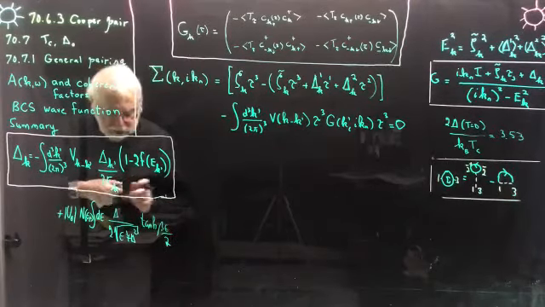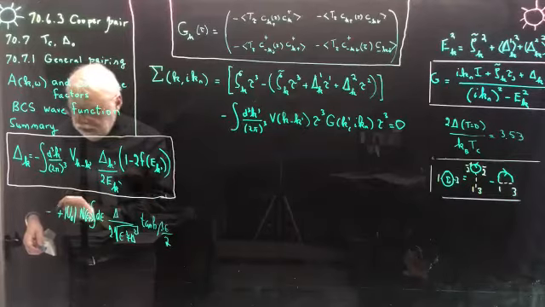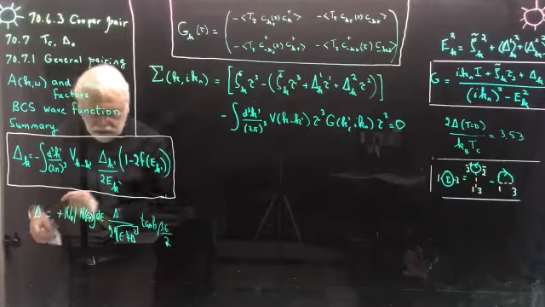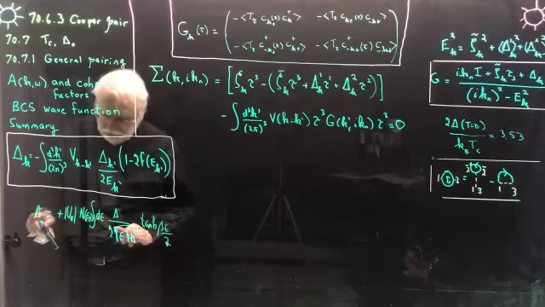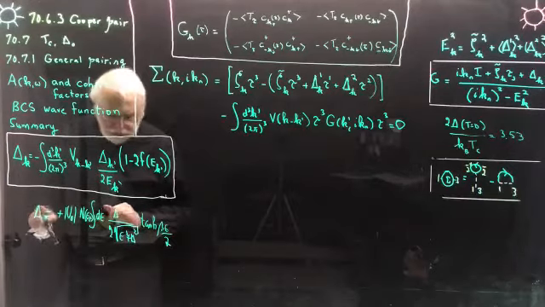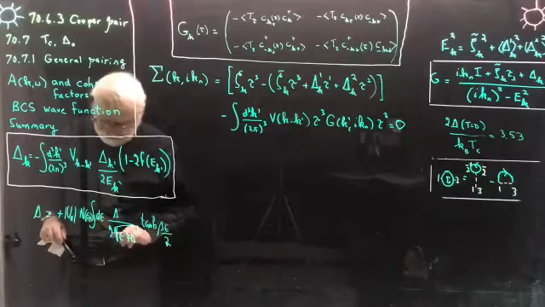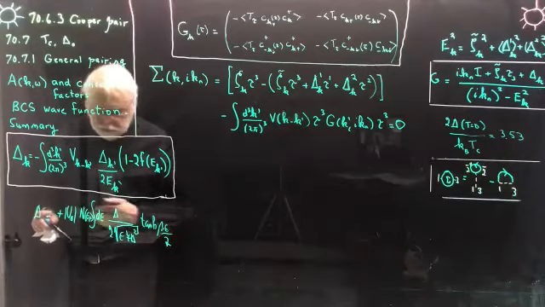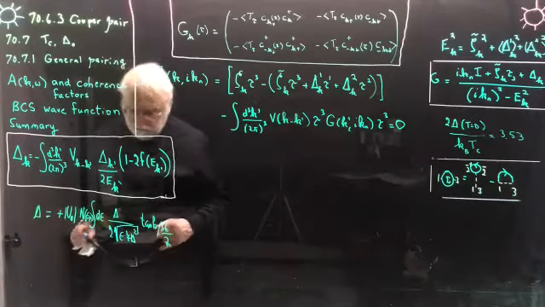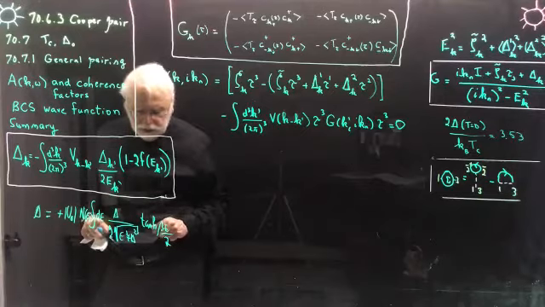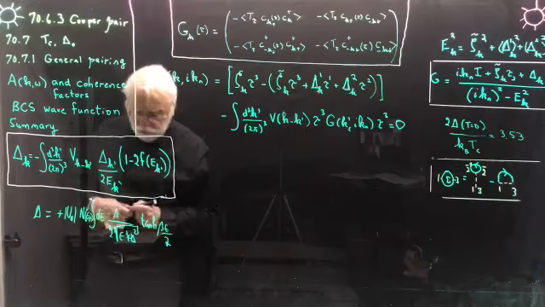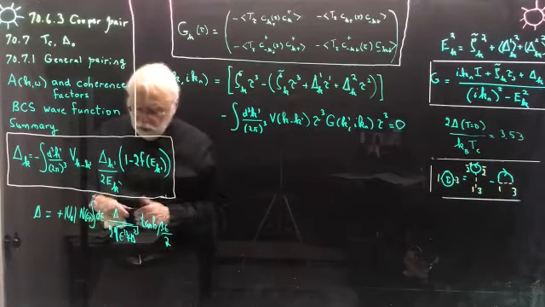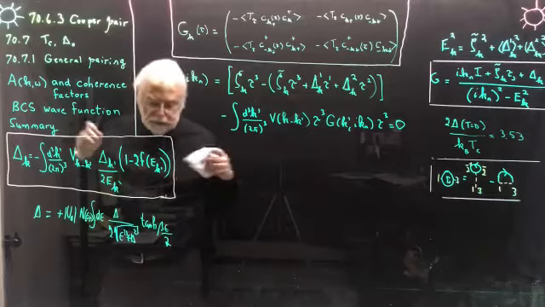And this is equal to delta. So to find TC, all you need to do is simplify the delta and put delta equals 0 here. Then you see you have just 1 equals something. And that integral over epsilon will have this hyperbolic tangent divided by epsilon. So there will be a log, and you will find the TC.